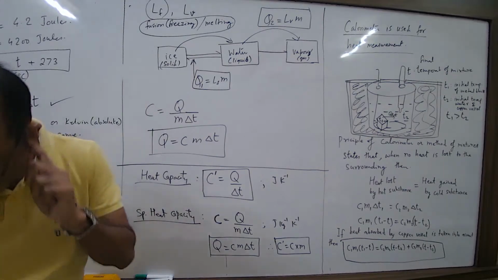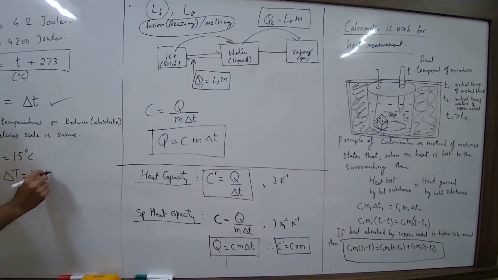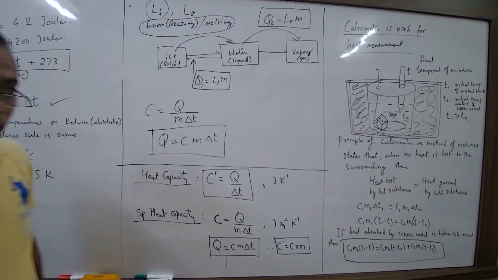By imparting heat to a body, its temperature rises by 15 degrees Celsius. So delta T given is 15 degrees Celsius. What is the corresponding rise in temperature on the Kelvin scale? So this is also equal to 15 Kelvin. This is the answer. Okay, everybody understood?